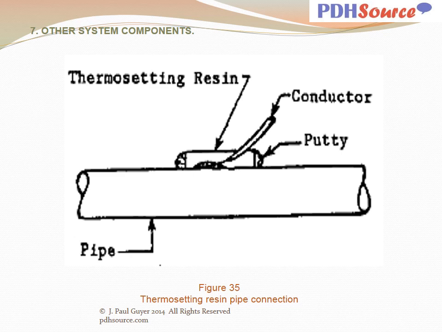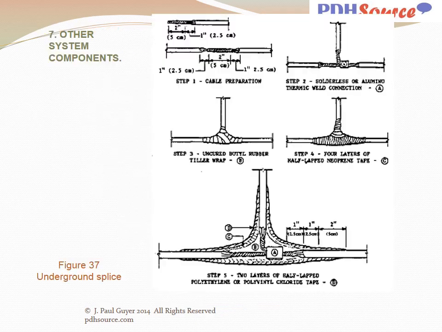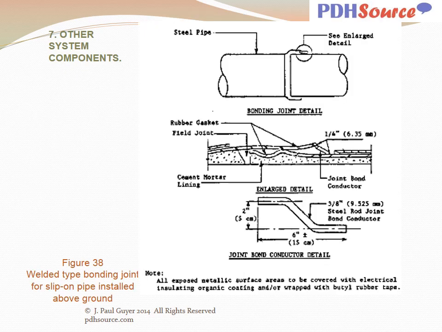Figure 35 indicates a thermosetting resin pipe connection. Figure 36 indicates a clamp type bonding joint. Figure 37 indicates an underground splice. Figure 38 indicates a welded type bonding joint for a slip-on pipe installed above ground.